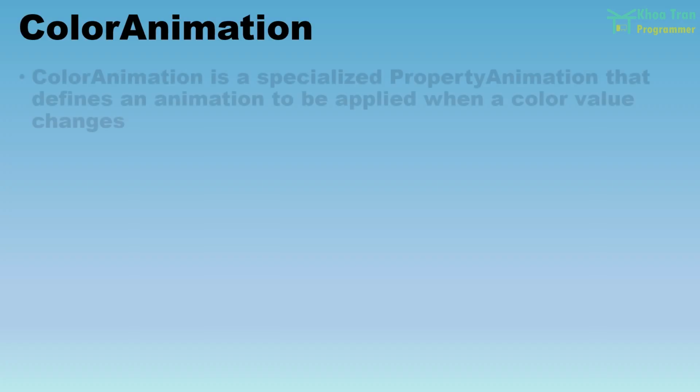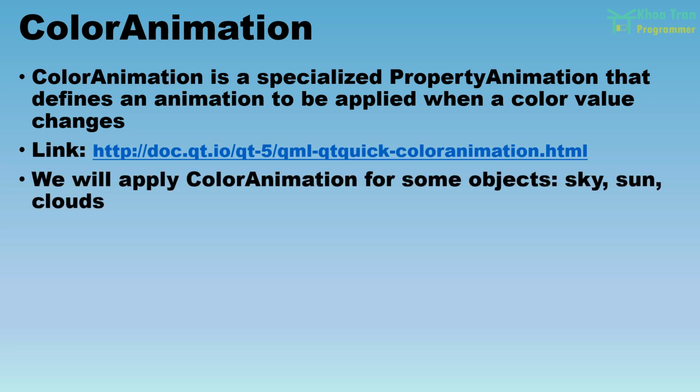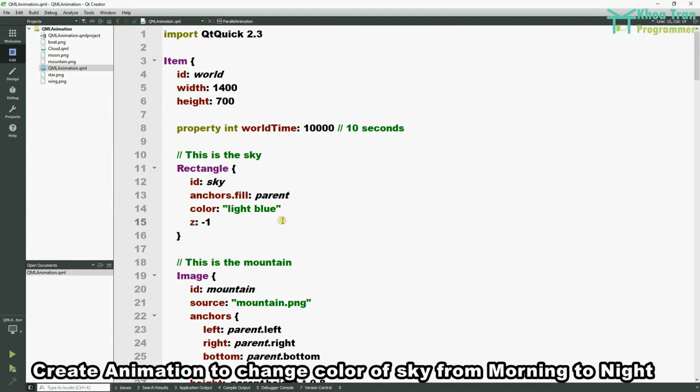ColorAnimation. ColorAnimation is a specialized property animation that defines an animation to be applied when a color value changes. We will apply color animation for some objects: sky, sun, clouds. Create animation to change the color of the sky from morning to night.